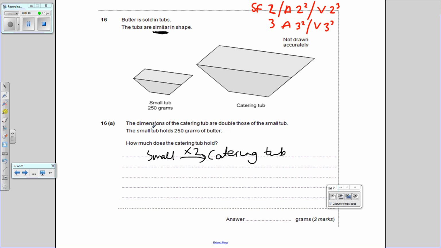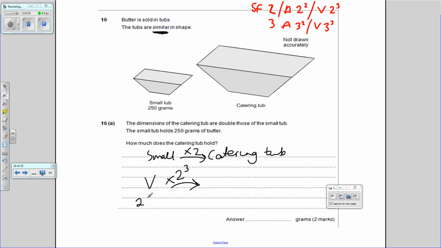They want to know the volume of the catering tub. You don't just times by 2. That's what most people will do, but you don't, because they're talking about volume. The scale factor isn't 2, it's 2 cubed. If it was area, it would be 2 squared. So you need to multiply the volume by 2 cubed.